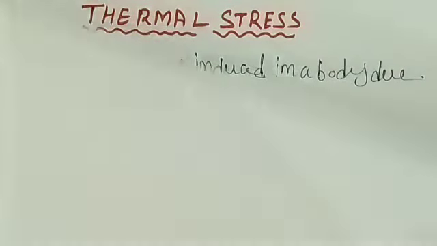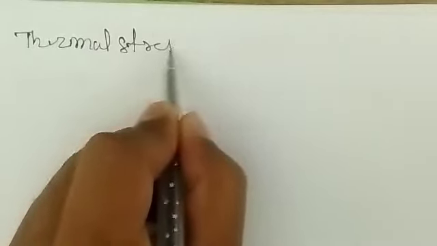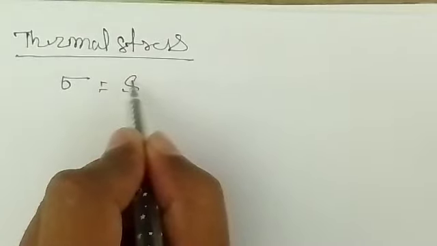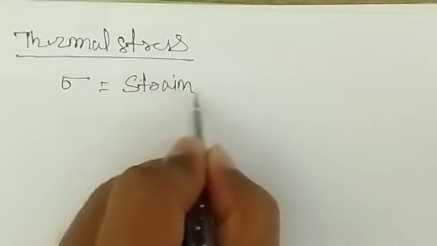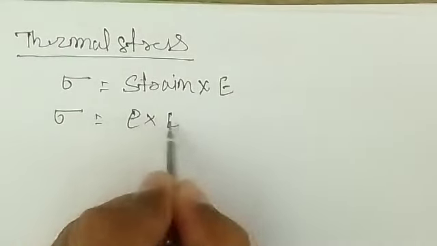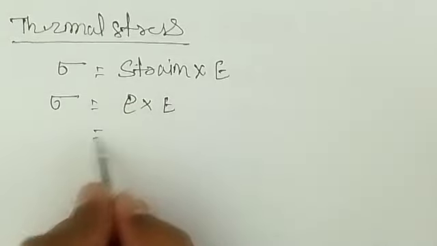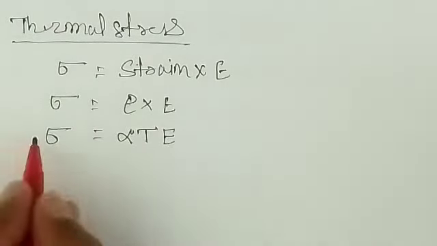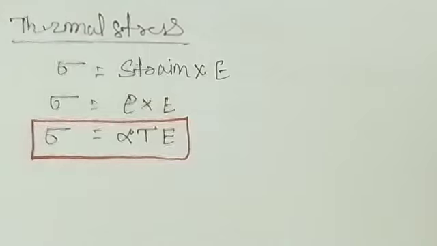So sigma is equal to thermal strain into Young's modulus, that is sigma equals epsilon into E. The strain is alpha T, and E is the Young's modulus. So the thermal stress in a bar element or in a rod is nothing but alpha TE. So, what is the extension?